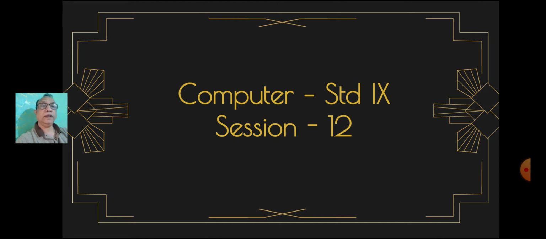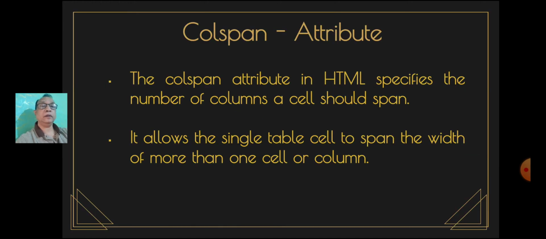Today we shall see the next attribute of table tag, that is ColSpan. The ColSpan attribute in HTML specifies the number of columns a cell should span. It allows a single table cell to span the width of more than one cell or column.